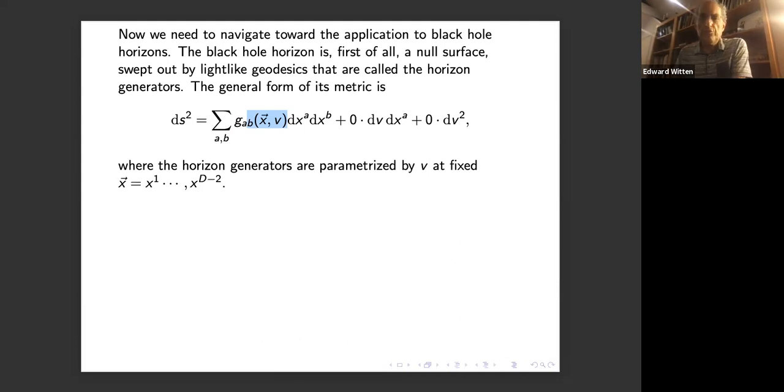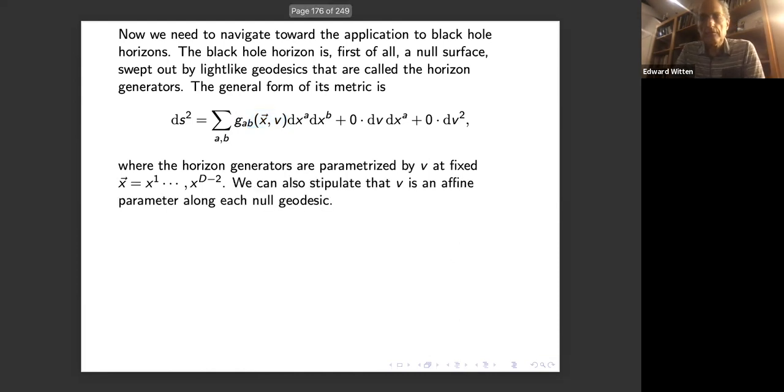Where I've chosen to parameterize what are called the horizon generators, the orbits of light rays that are trapped in the horizon, by v at fixed values of the normal coordinates x. We can be a little more precise and ask that v should be an affine parameter along each null geodesic.